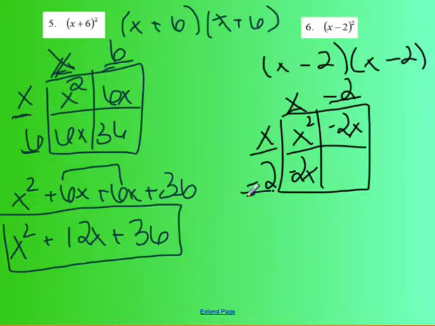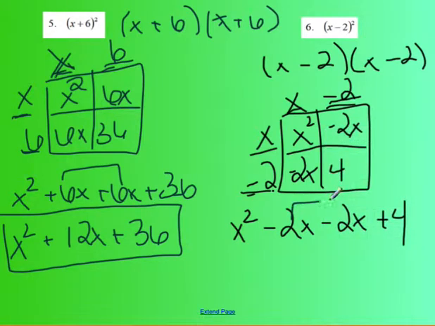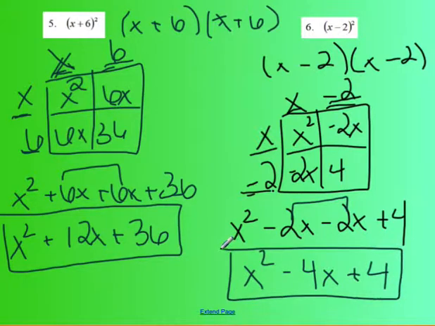And negative 2 times negative 2 is 4. So we have x squared minus 2x minus 2x plus 4. So then we can combine our like terms, and we get x squared, and then we have two negative 2x's, so that's going to become negative 4x. Remember, when you add two negatives, it gets more negative. So then I end up having x squared minus 4x plus 4.